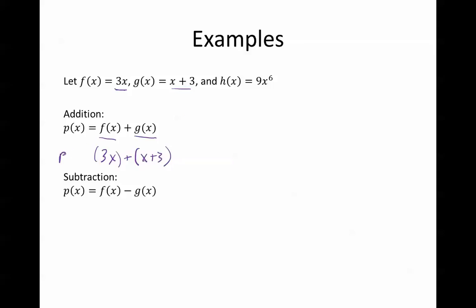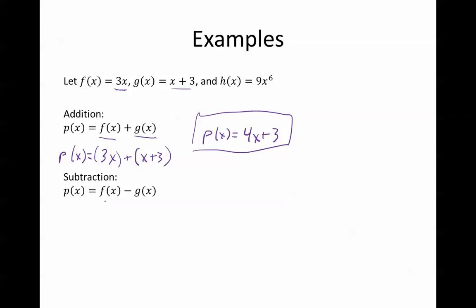And so this new function called p of x is 3x plus x plus 3, which, when we combine like terms, gives us 4x plus 3. So we can add functions together. I can say I want to take f of x plus g of x, and we'll add those together. And we use the rules that we've always used for addition, subtraction, multiplication, and division.